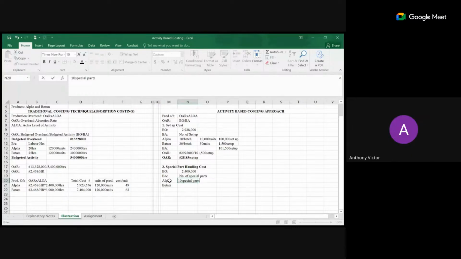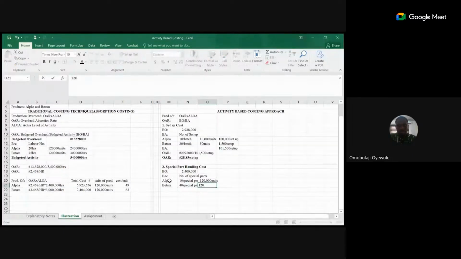Then how many units for alpha? 120,000 units. Now for beta, how many special parts? 40 special parts. How many units for beta? 120,000 units.